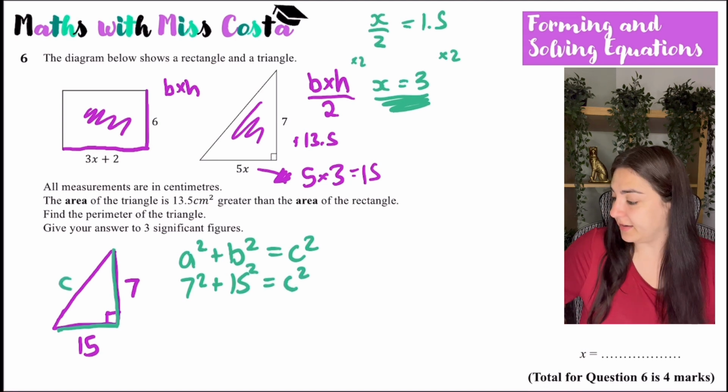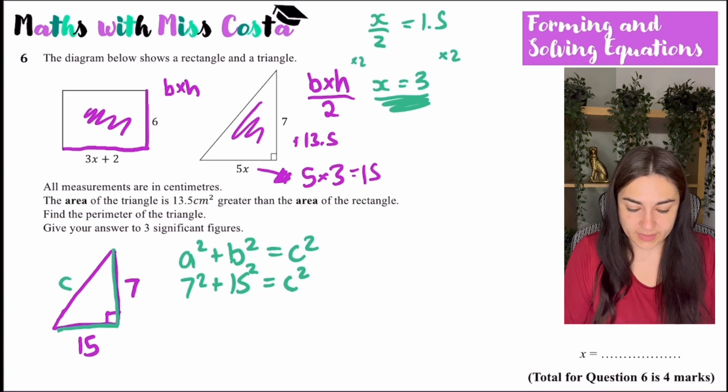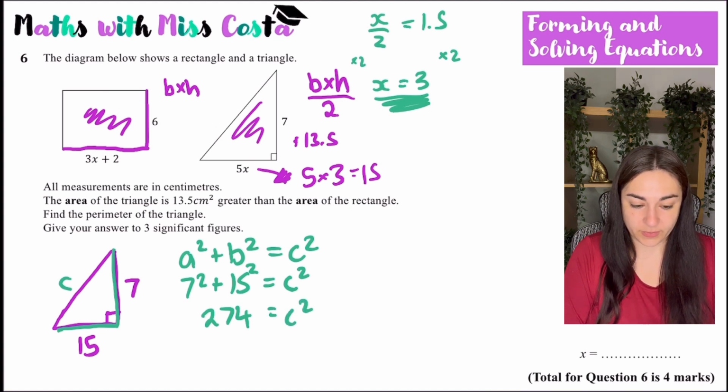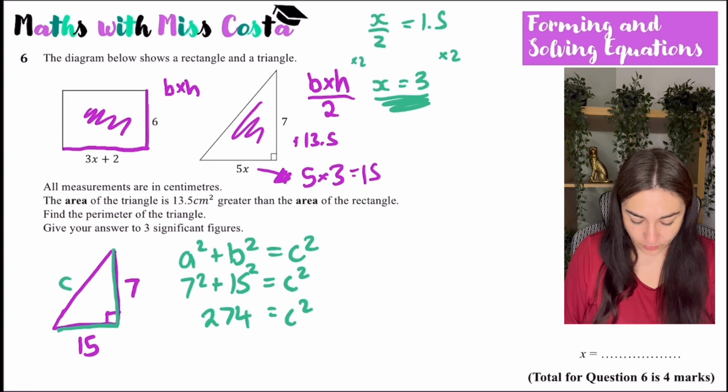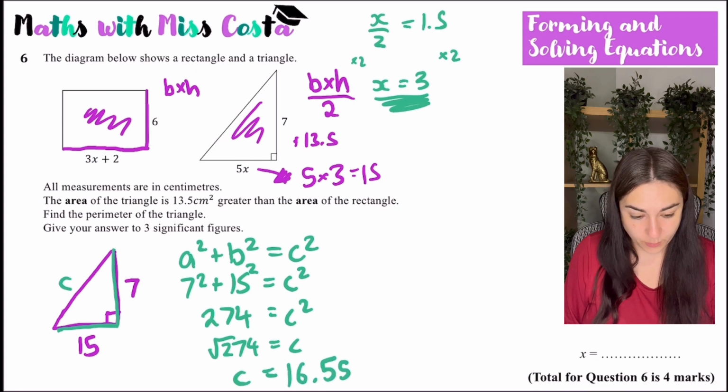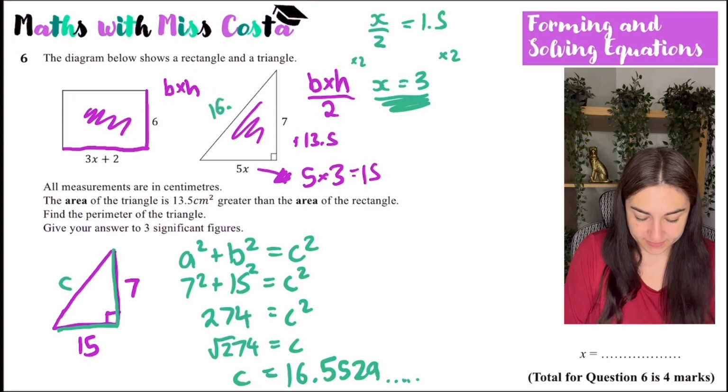So I can type that into a calculator. 7 squared plus 15 squared equals 274. And then the final part is to just square root in order to get your value of c. So square root 274 is c, so therefore c is 16.5529 and so forth.